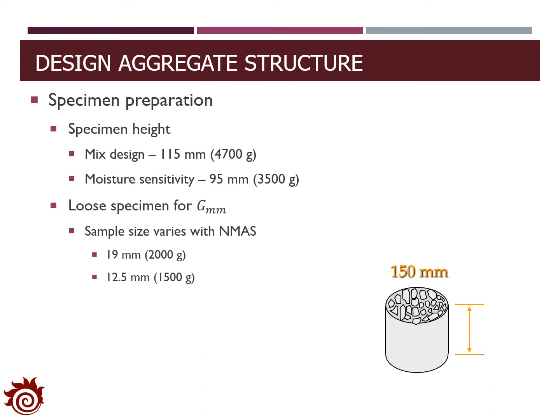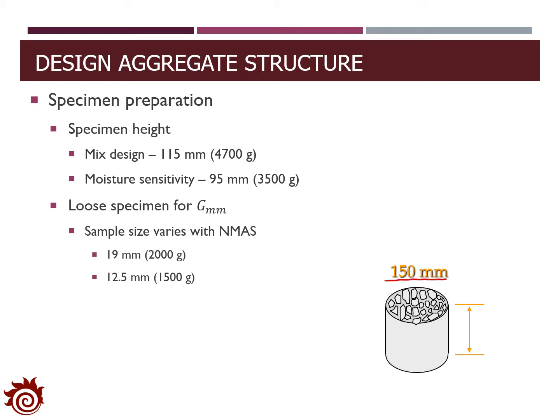Before we conduct the specimen compaction, we have to choose the appropriate amount of aggregates for the specimen in the experiment. In the specimen preparation, there are 2 requirements for different tests. The first one is about the specimen height for the gyratory compaction. Usually the specimen is prepared in the cylinder. The diameter is set around 150 millimeters.